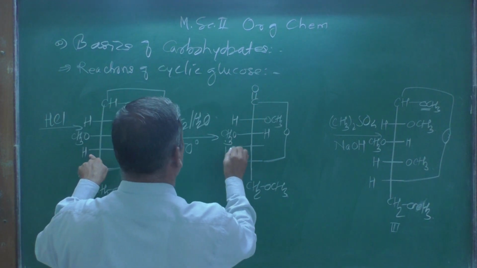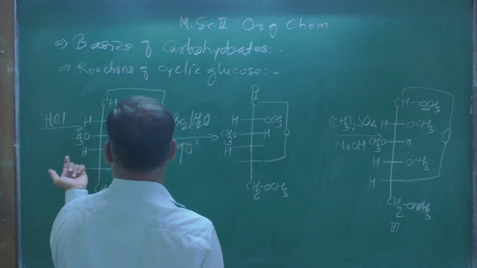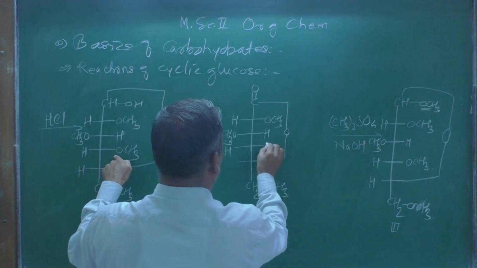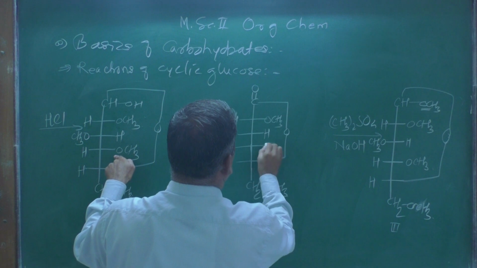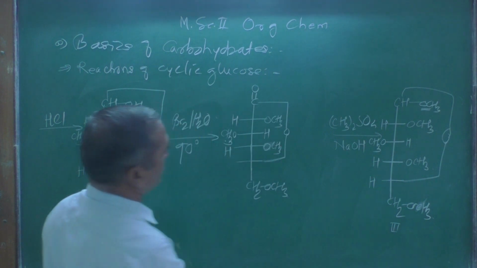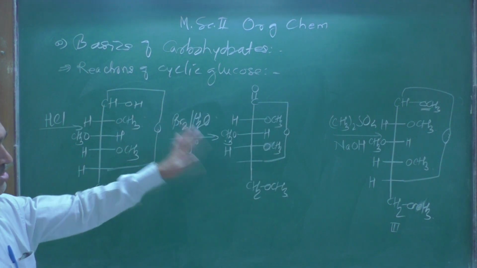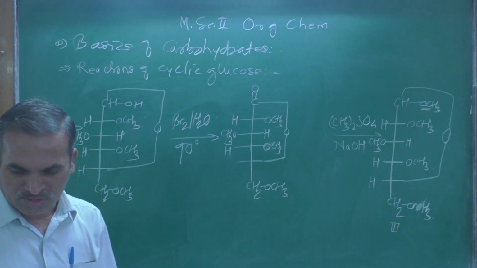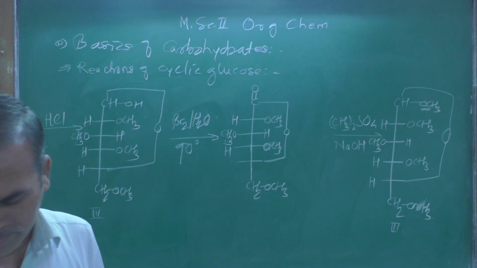In this case hydrogen atom is lying on the left hand side, whereas the OCH3 group is lying on the right hand side. So this is the structure we got over here.